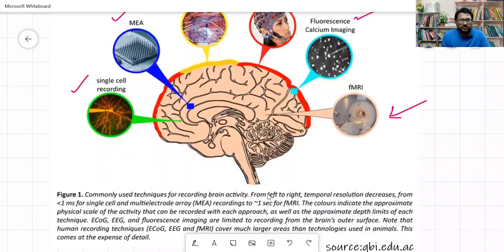And when we talk about techniques that we are using to study brain structure and function, the brain is actually the center of the human body, which sends and receives millions of signals every second, day and night, right?